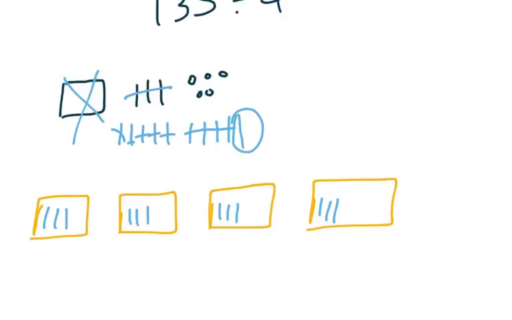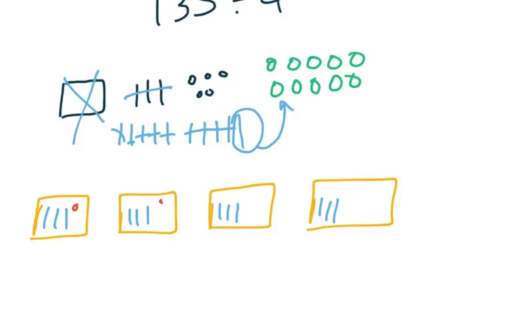I can't share that within those 4 groups, so I'm going to exchange that for 10 units. 1, 2, 3, 4, 5, 6, 7, 8, 9, 10. Now I'm going to start sharing out my units, or in this case, things that have a value of 1.